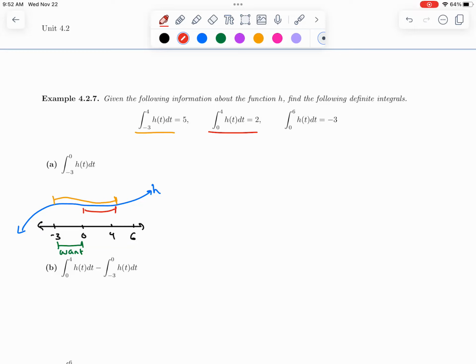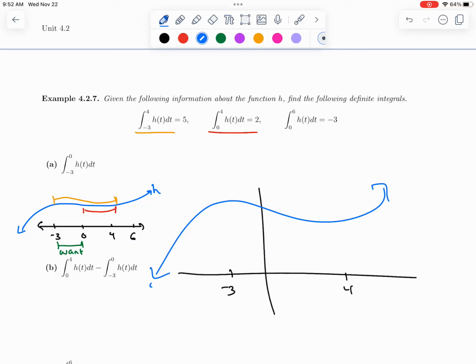Maybe actually visualizing it with an actual function. Here's -3, here's 0, here's 4. And this is just a generic calculus graph, right? We don't know what the function looks like, but we want this area right here. We know the area of the entire thing.